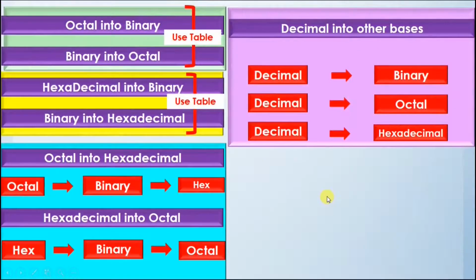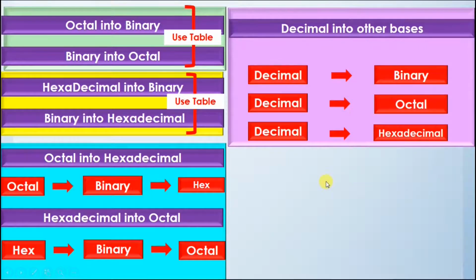So now we have completed the conversions for decimal into other bases using whole numbers. In the next section, we will see how to convert decimal into other bases using floating point numbers.